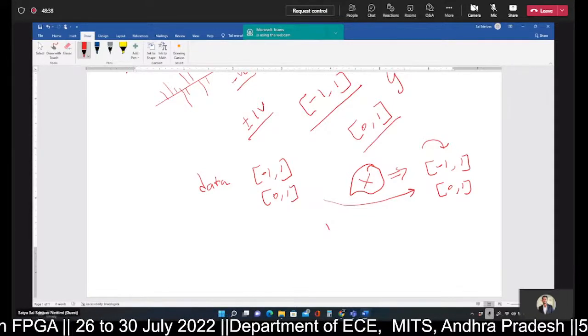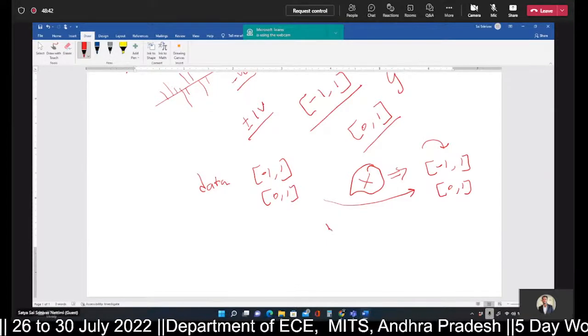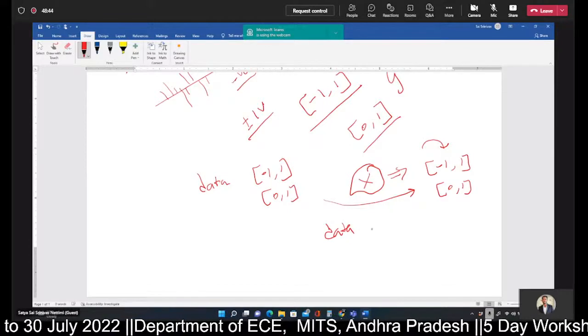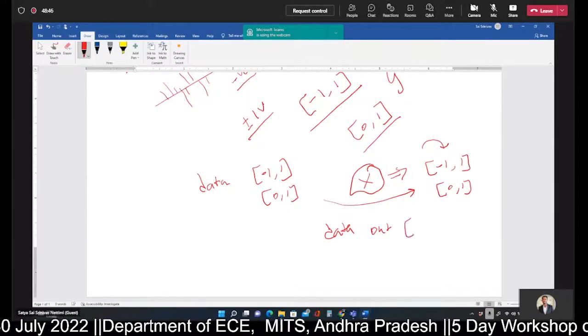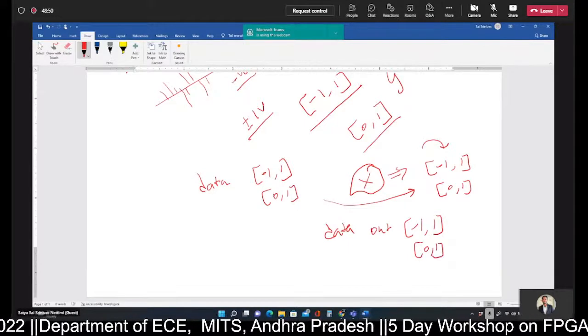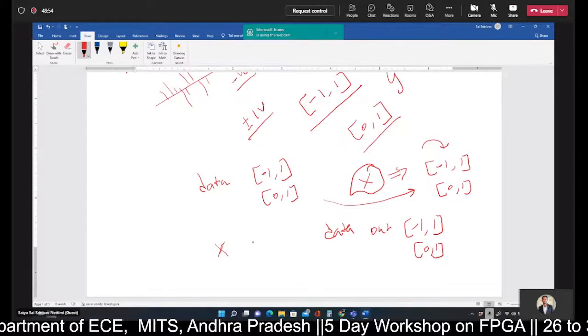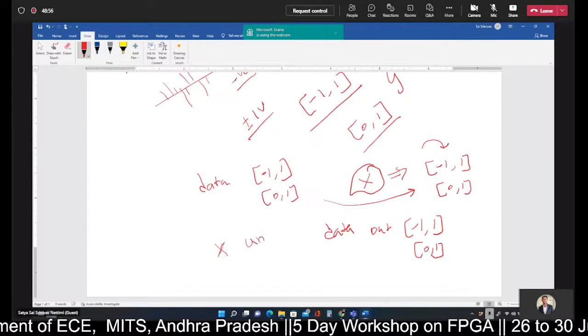when you implement. So if your data is out of this range, out of minus 1 to plus 1 or 0 to 1, then whenever you are doing the multiplication, the resultant value is unbounded.